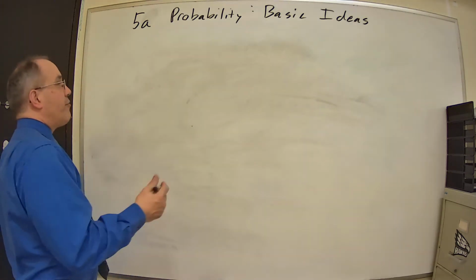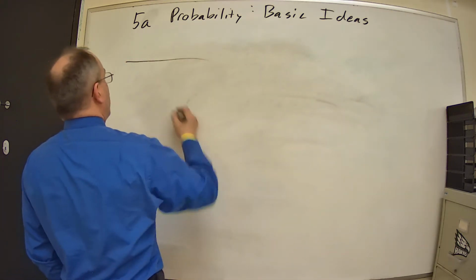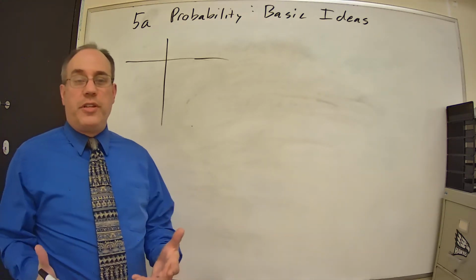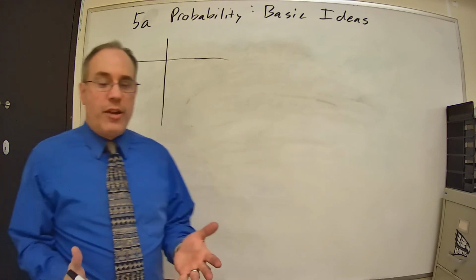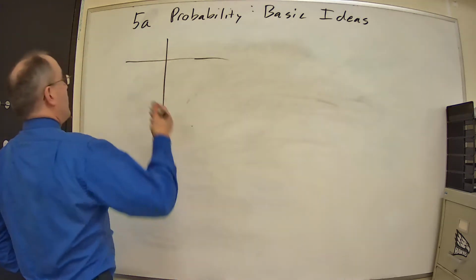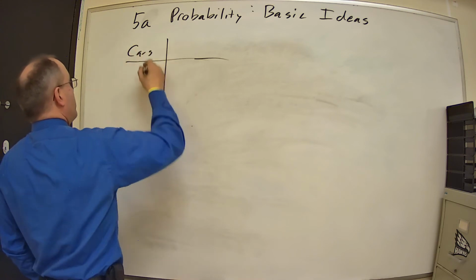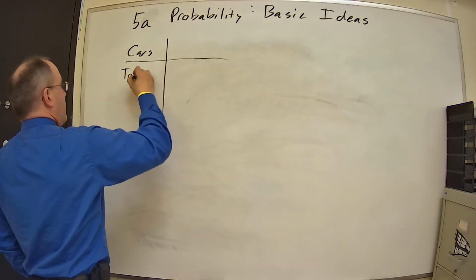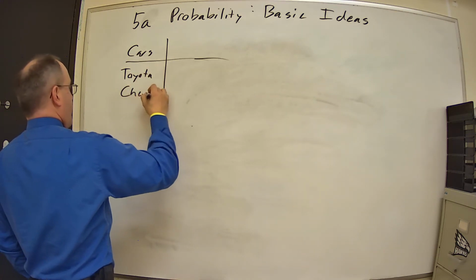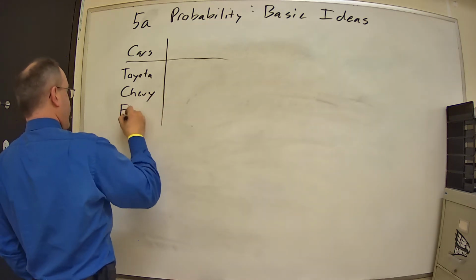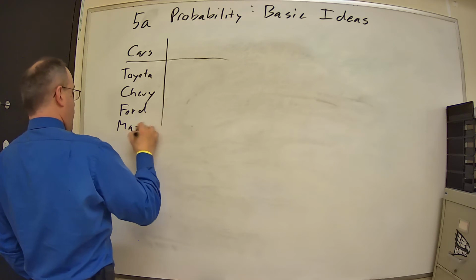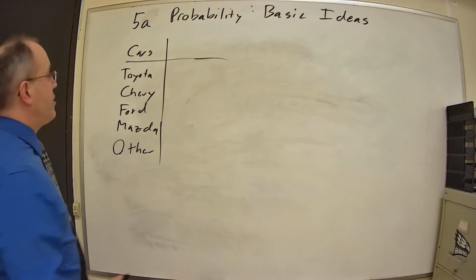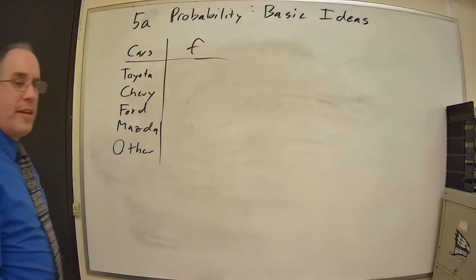So what about sampling from a population? What if I have a frequency distribution of categorical data? Right, what if I have cars and I have the make, so Toyota, Chevy, Ford, Mazda, and other. And so I go out into the parking lot and I determine how many there are of these.